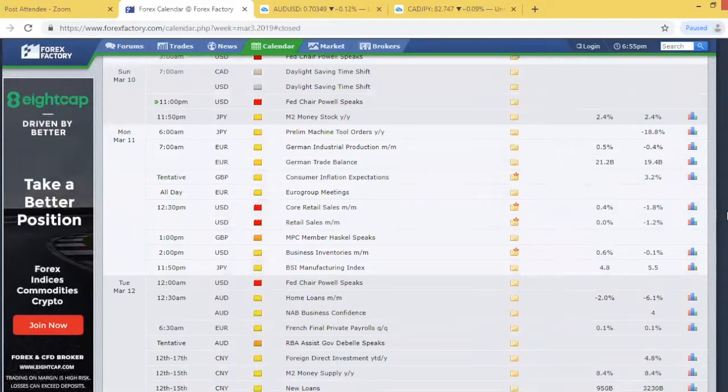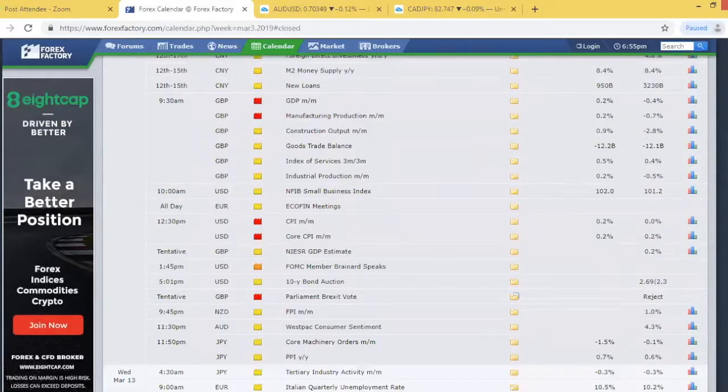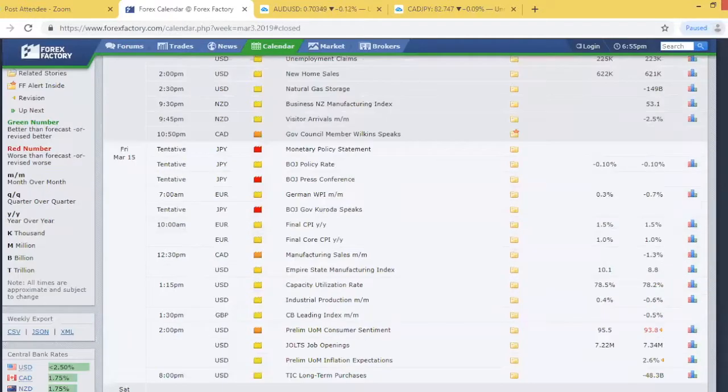Elsewhere, guys, it's pretty steady for the week ahead. We don't have too much data that's going to majorly impact the markets. So in that respect, guys, I think we've got quite a clean week ahead.